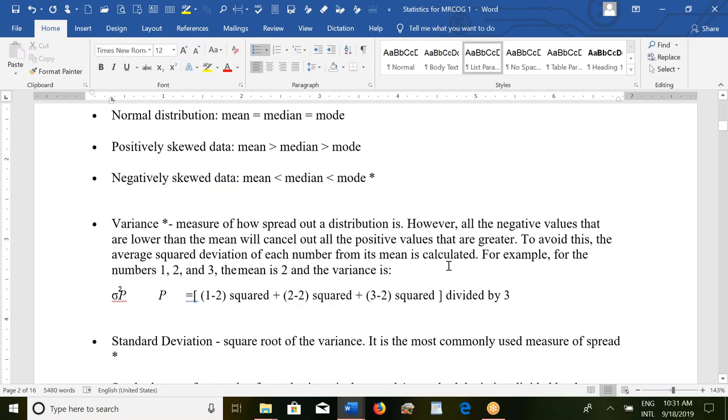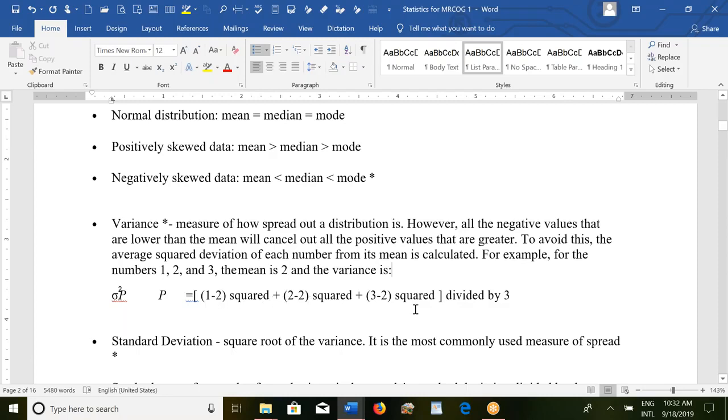For example, in this sample you have three numbers, 1, 2 and 3, and the mean is 2. So what is the variance? You will take 1 minus 2 squared, plus 2 minus 2 squared, plus 3 minus 2 squared, and then you will divide this value by 3. What will you get here?